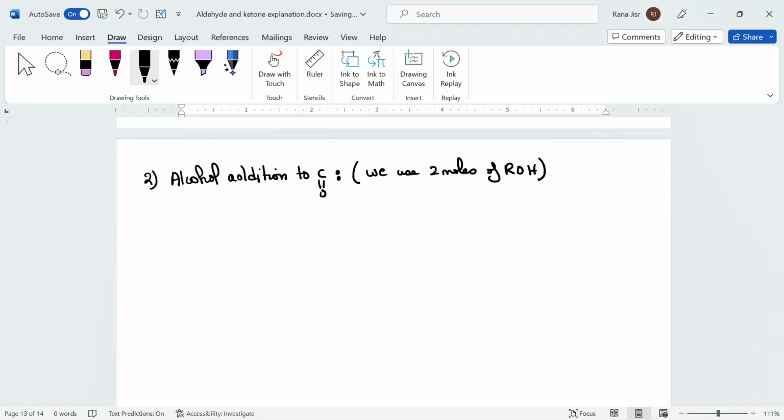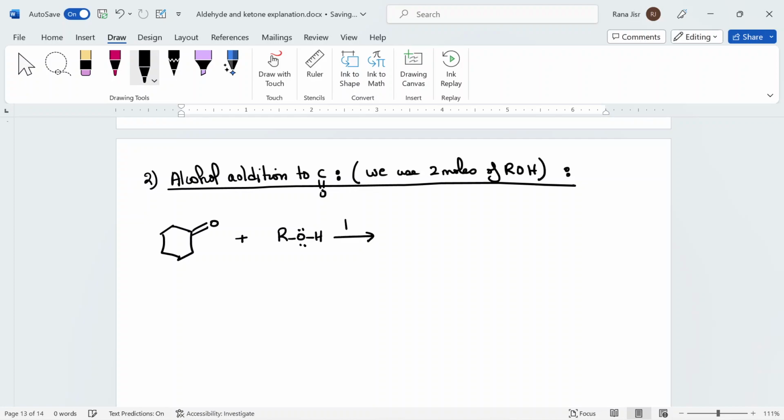Unless I ask you, go ahead and use just 1 mole. Let's have an example. Cyclohexanone. I am reacting it with an alcohol in presence of an acid. So let's start with the first mole of the alcohol.